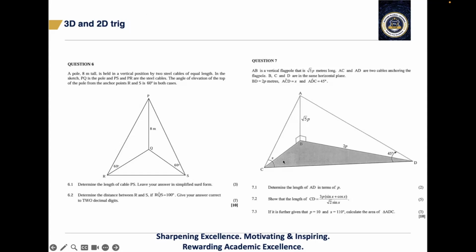The only thing that is added in grade 12, in which we are still using our area rule, everything else is still the same, is that the horizontal plane is perpendicular to your vertical line.